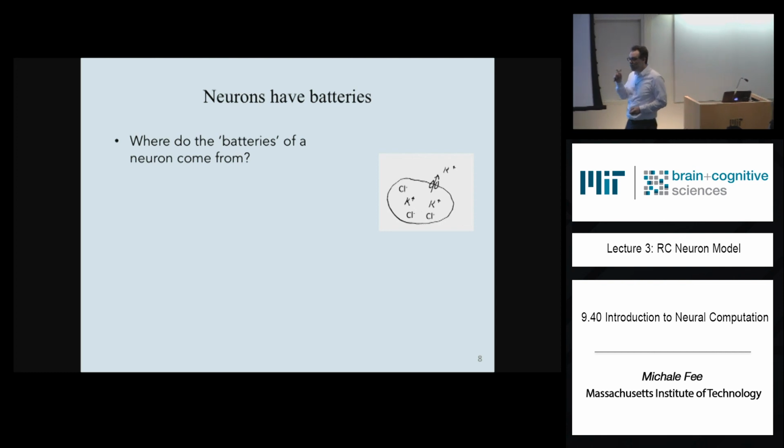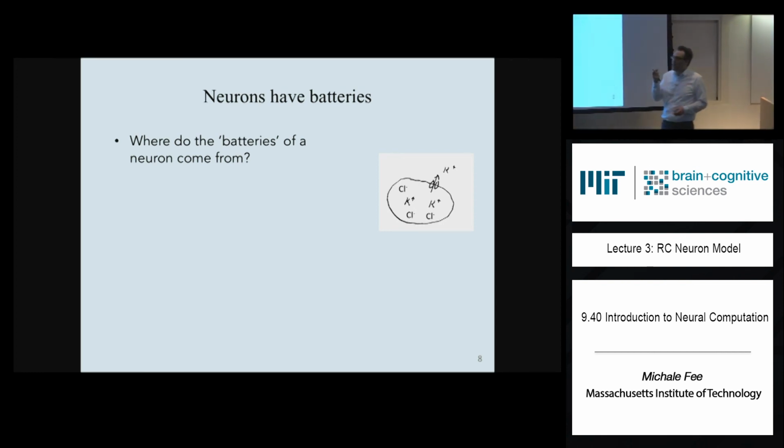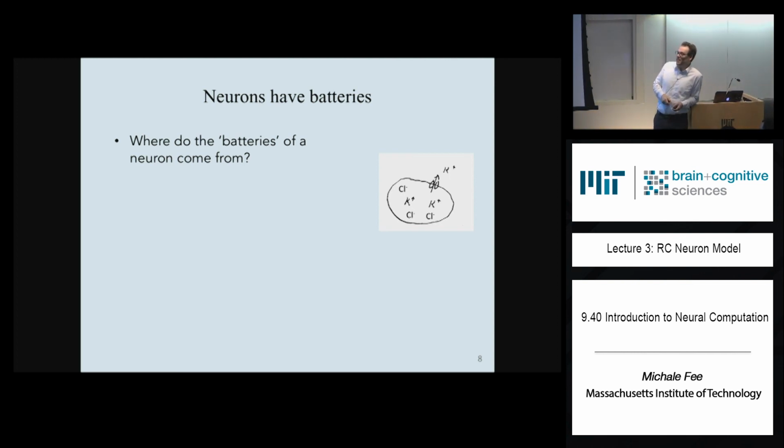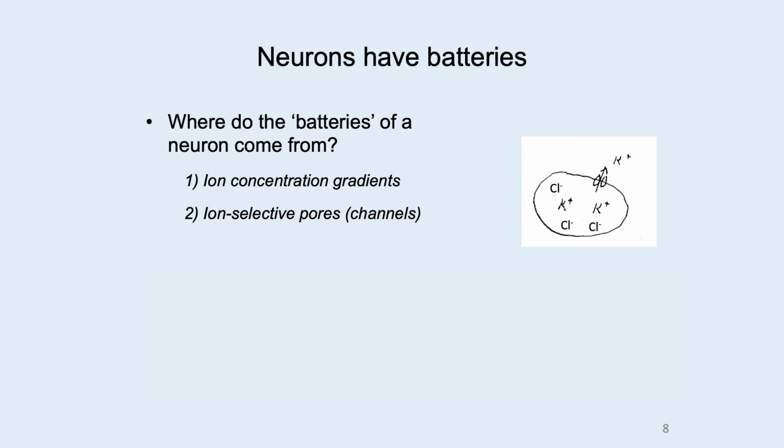The battery produces a voltage difference, but biophysically, what causes that voltage difference? Good, ion selective pores, that's one component, and there's another important component. Somebody else want to answer? Good, excellent. So we have two components, ion concentration gradients and ion selective pores.